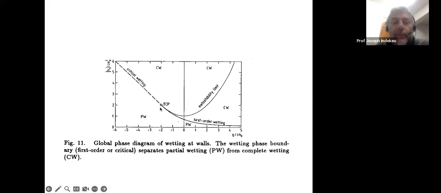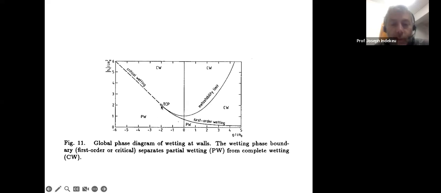And if you have listened well to what I have said some 20 minutes ago, perhaps, this is nothing but the tri-critical point. It's the point of transition between critical wetting transitions and first order wetting transitions. It has its own singularities, its own critical exponents, and so on.